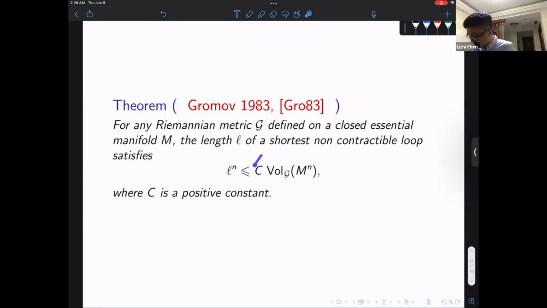The right side is a constant C times the Riemannian volume. This inequality is usually called the systolic inequality. This is one area in differential geometry.